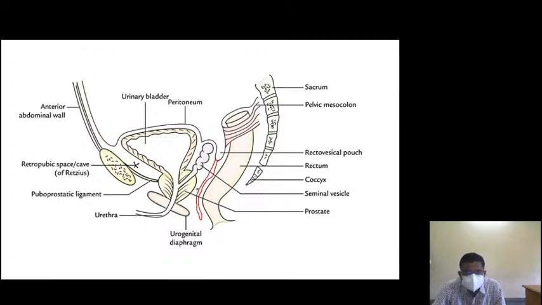So when there is any enlargement of the prostate due to benign prostatic hypertrophy or carcinoma, it can be very easily palpated through the anal canal at the level of the rectal ampulla.